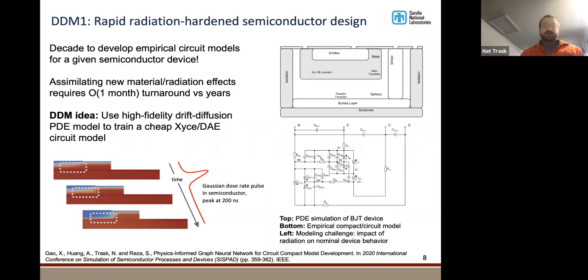Okay, so the first example that I'll mention is working on semiconductor design. Typically, you'll have a semiconductor like a transistor or something. And these devices are governed by the drift diffusion equations. These drift diffusion equations you can simulate with finite elements.